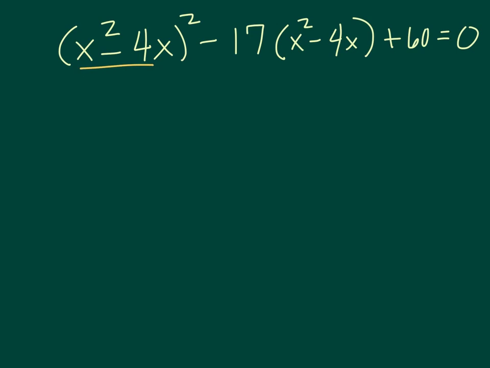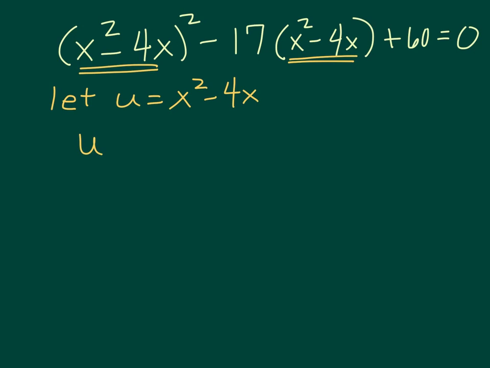I'm hoping that you see that this expression x squared minus 4x appears here at the beginning and also in the middle. So we're going to substitute u for x squared minus 4x and rewrite this as u squared minus 17u plus 60 equals 0.